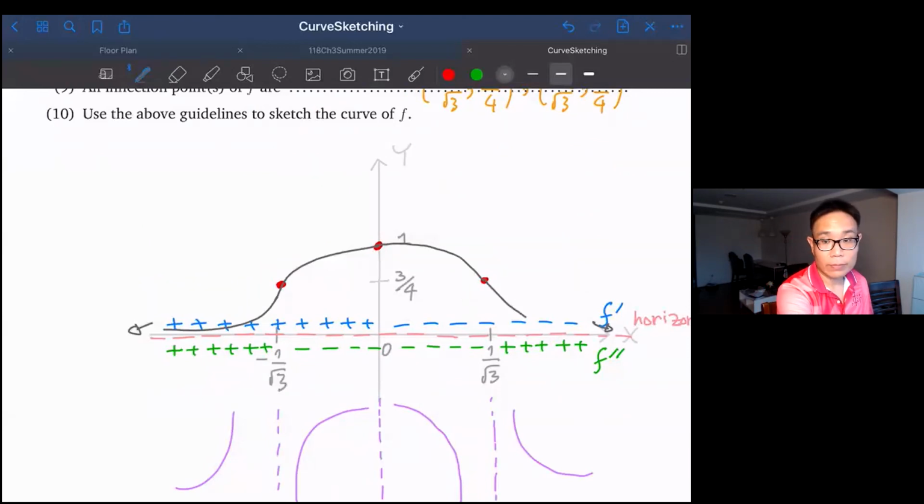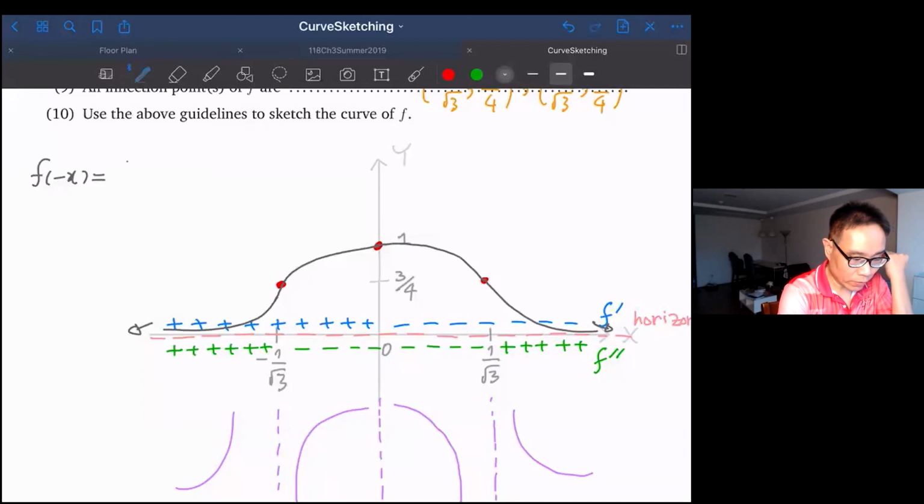Like this. Okay, it's going to be symmetric with respect to the y-axis because when you plug in negative x into the function, f of negative x equals 1 over negative x squared plus 1, so it is equal to 1 over x squared plus 1, equal to f of x.